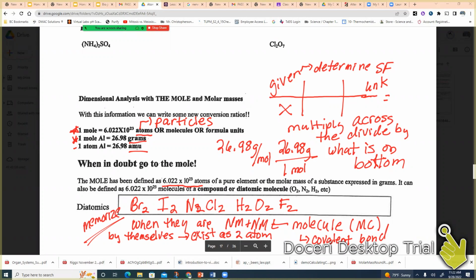So if I thought of making water, that's hydrogen plus oxygen gives me H2O. Hydrogen and oxygen are not stable as just a single element, so this would not be the correct reaction. I'd have to have diatomic hydrogen plus diatomic oxygen come together to give us water. They have to have that 2 with them, those 7 elements, when they're all by themselves.